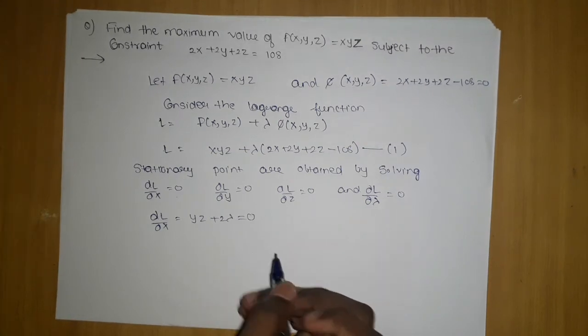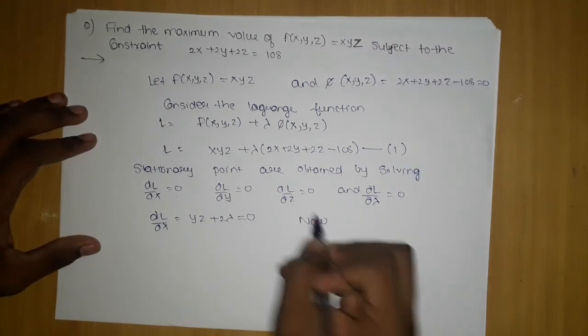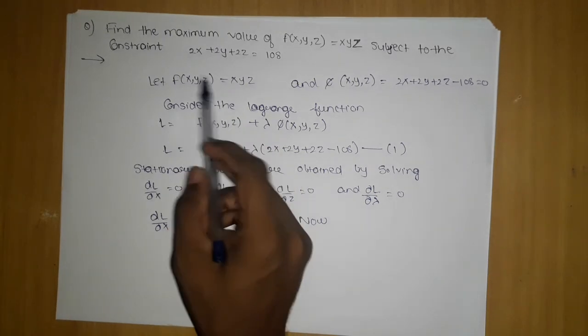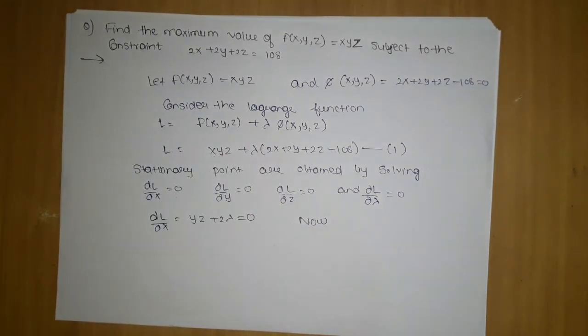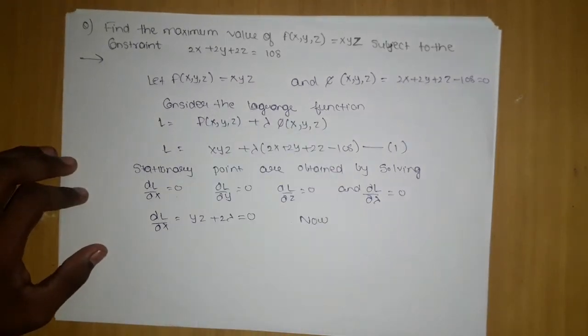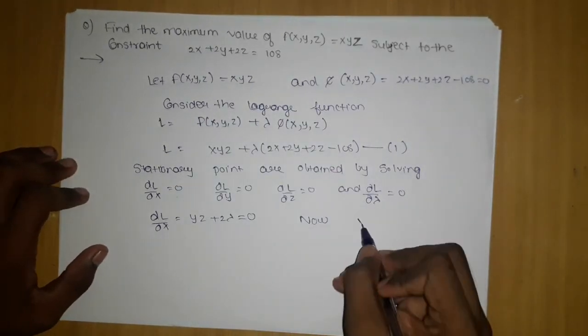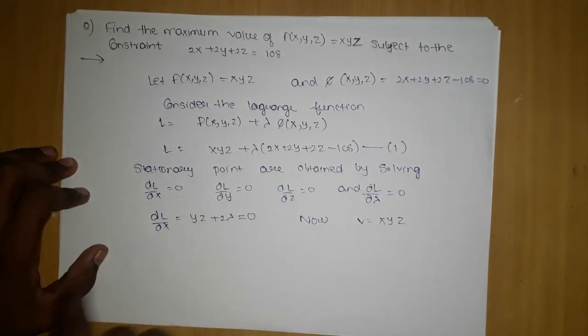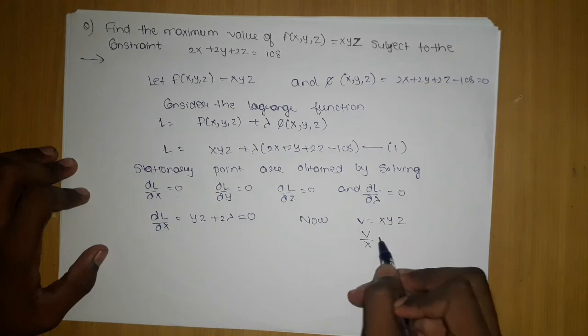And here, you know, V is the maximum value of f. If we consider some function, like in the previous one we considered u, now if we consider it as v, because xyz is probably a volume-like thing, if v equals xyz, then I can get the yz value as v by x.